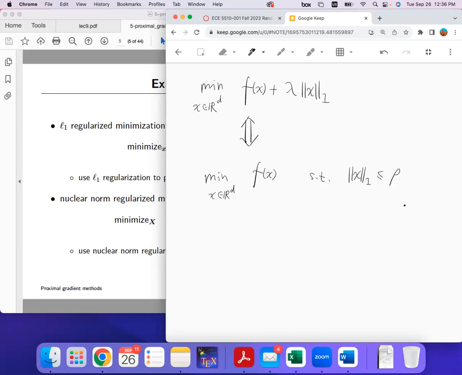Okay, so sometimes we will write this; the first row is the regularized form. We regularize our objective function f(x) by adding this regularization term, lambda times the L1 norm of x.